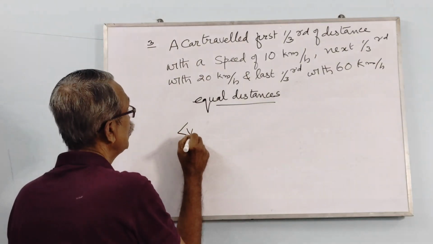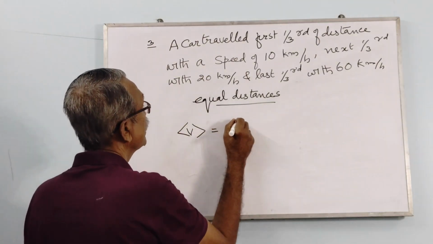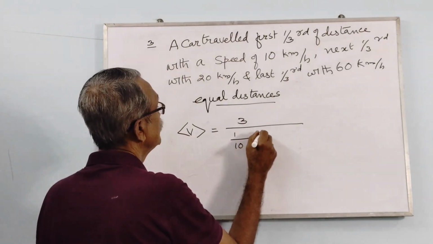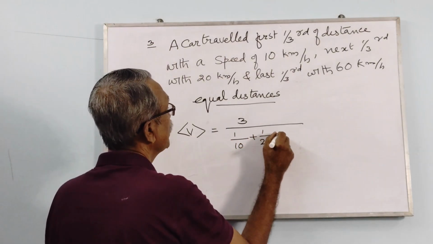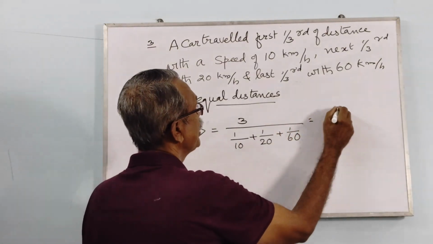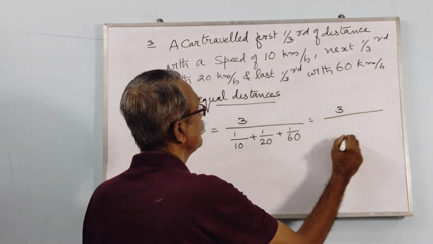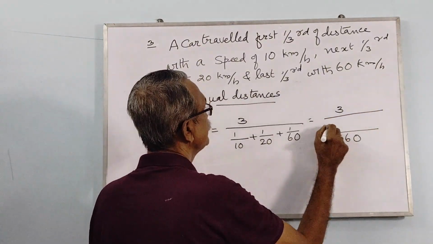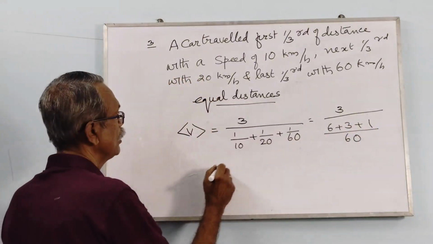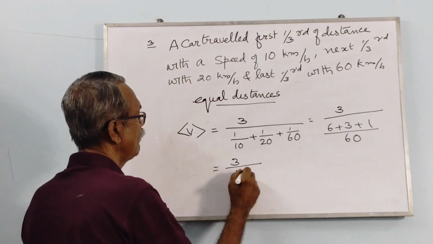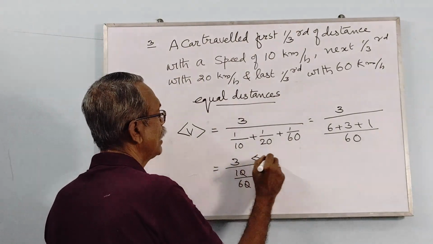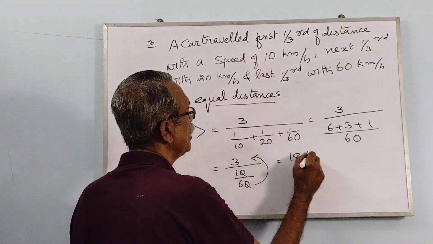Therefore, the average velocity will be equal to 3 divided by 1 over 10 plus 1 over 20 plus 1 over 60. The LCM is 60. 3 divided by 60 upon, this is 6 plus 3 plus 1, that is equal to 3 divided by 10 divided by 60. 0 will cancel, 6 will go to the top, and this will be 18 kilometer per hour.